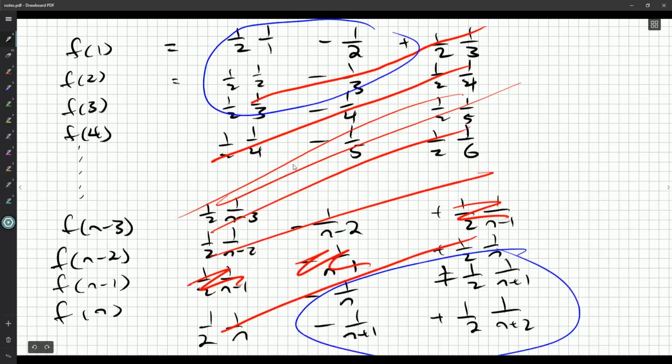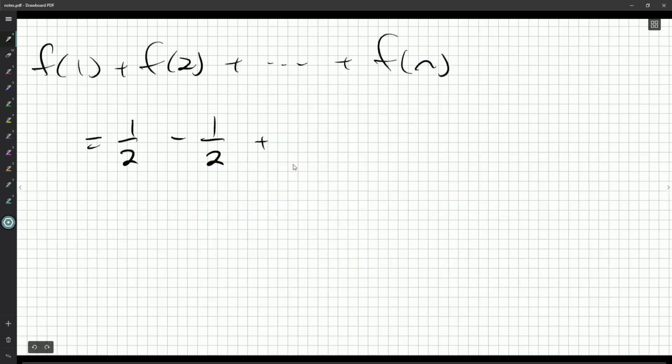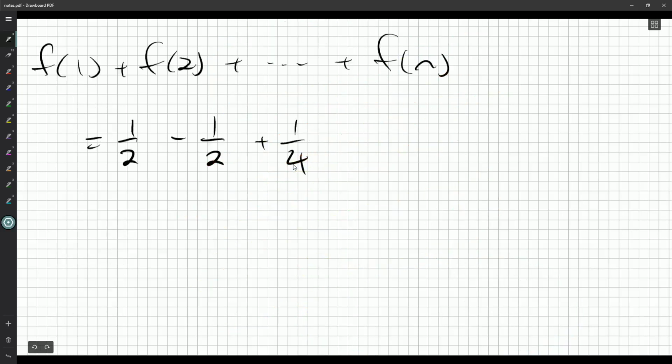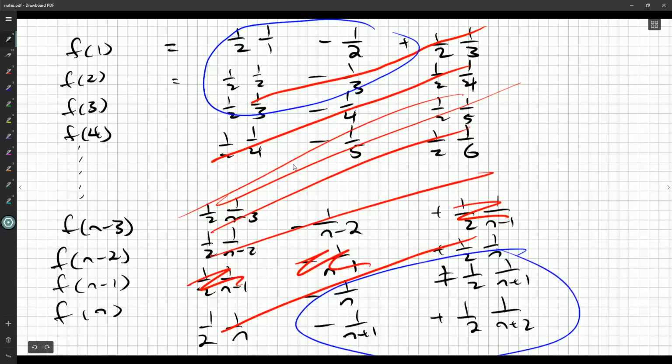minus another half, that's the first row, plus a half-half, so plus a quarter, and then plus 1 over 2 times n plus 1, minus 1 over n plus 1.